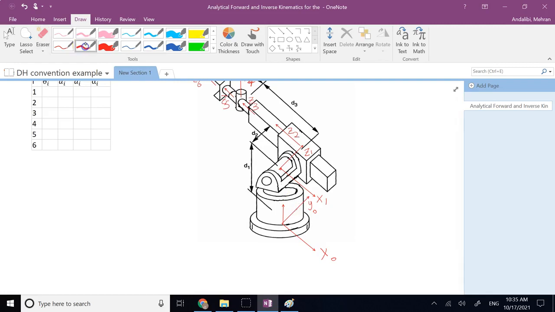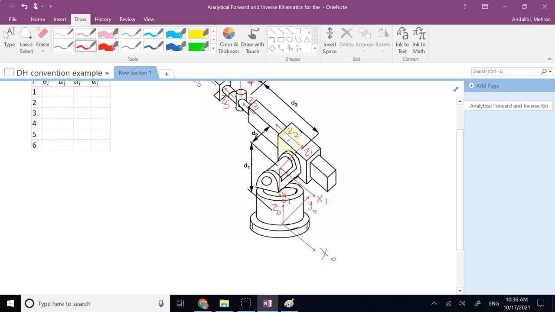Your frame 1 is also complete because you have x1 and z1. So y1 has to be upward or downward. And here the only solution is downward. So here we go. I set up my y1 as well. So this guy is going to be my y1.